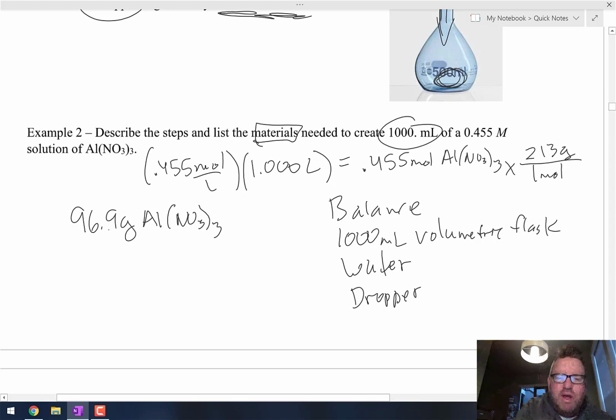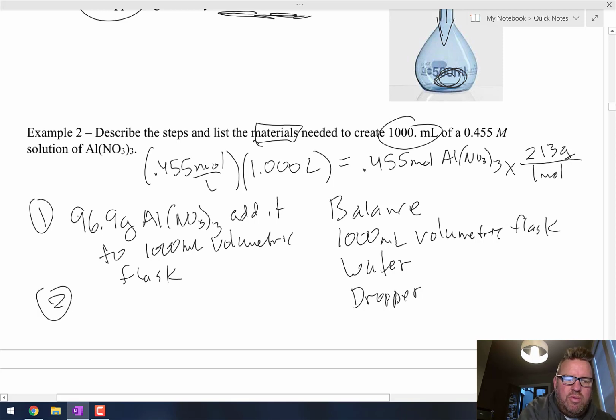Okay, so we're going to take 96.9 grams of AlNO33 and we're going to add it to the 1,000 milliliter volumetric flask.